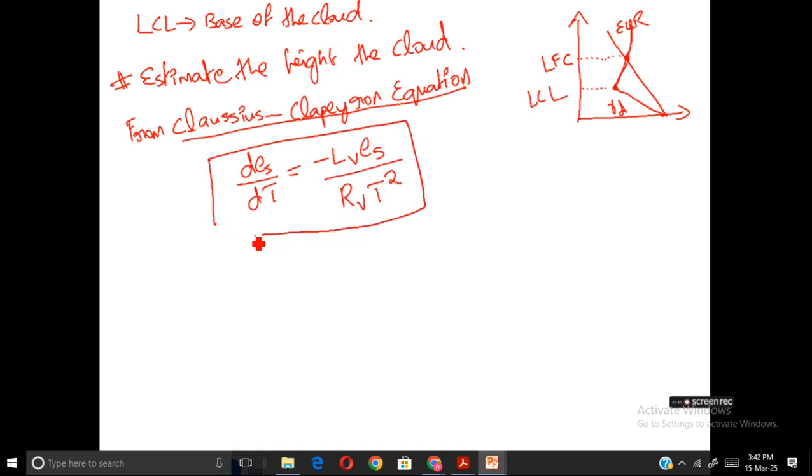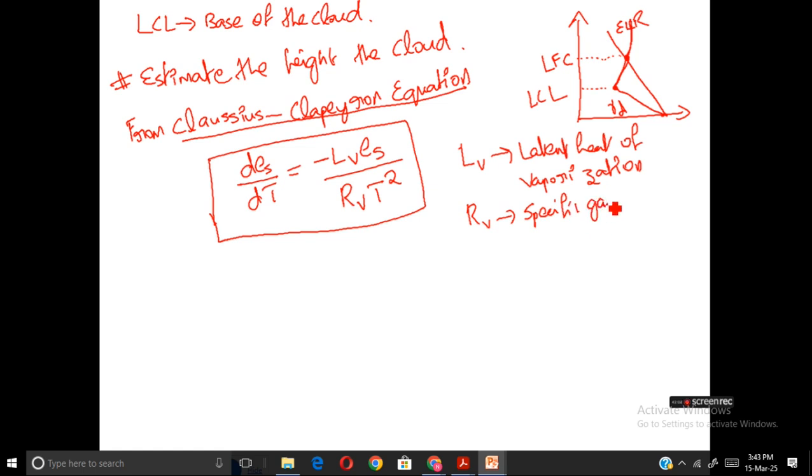This is the Clausius-Clapeyron equation, where LV is the latent heat of vaporization, RV is the specific gas constant for water vapor.